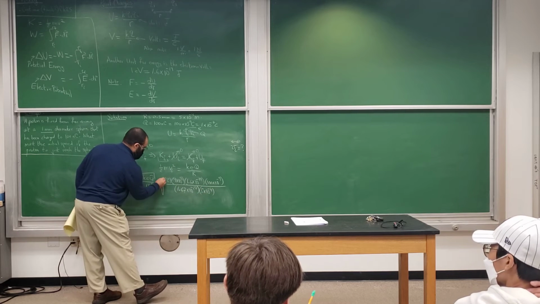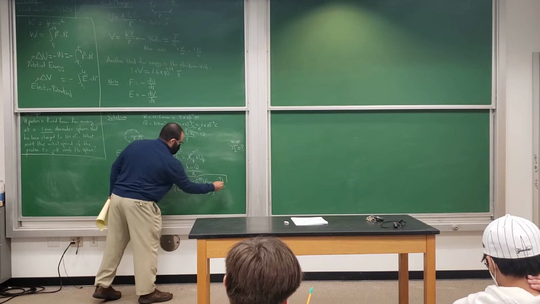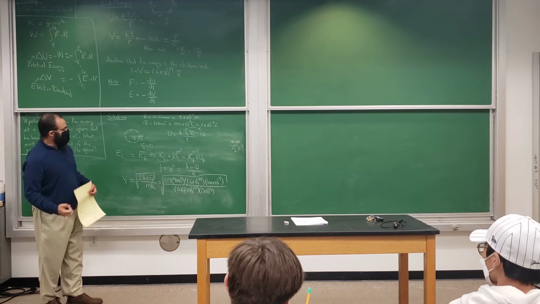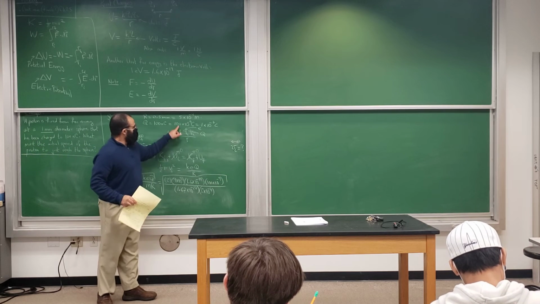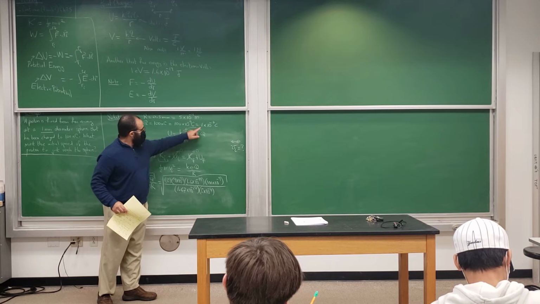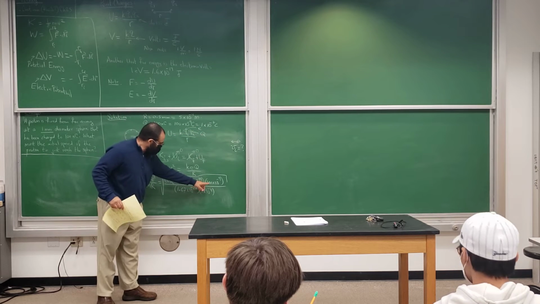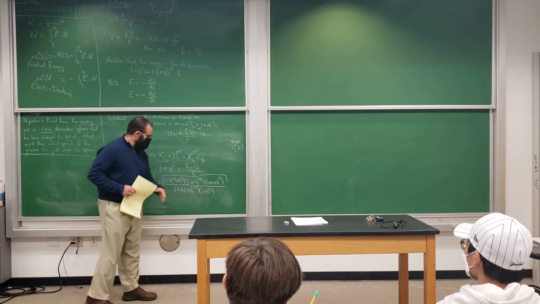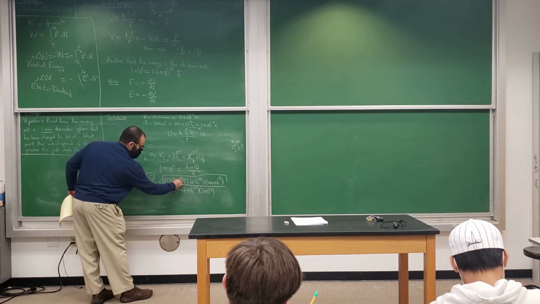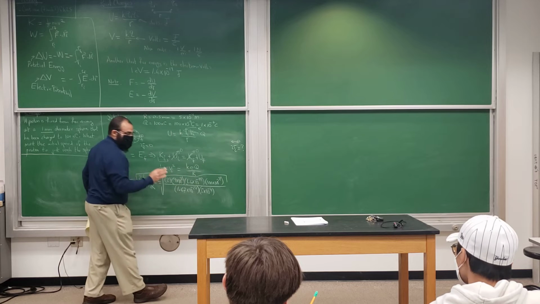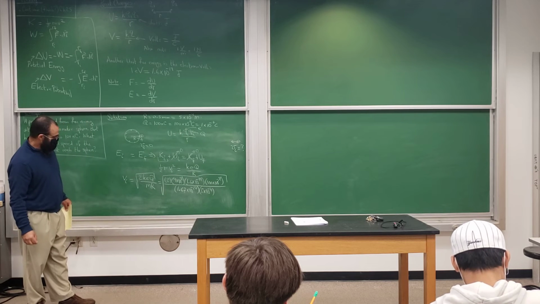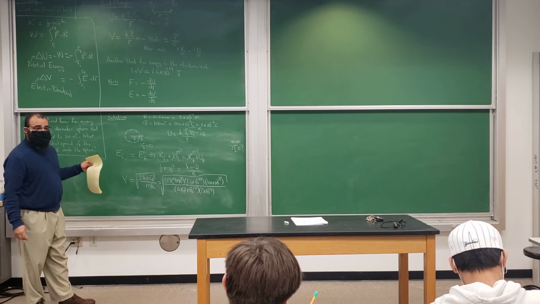And then you have to take the square root of the whole thing. You might have noticed, here I wrote 100 times 10 to the minus 9, and then I simplified it to 10 to the minus 7. But here I decided to go back to 100 times 10 to the minus 9 because I remember that there is 10 to the 9 and 10 to the minus 9. It's easier to just cancel them. And now what remains is you have to plug in the numbers.